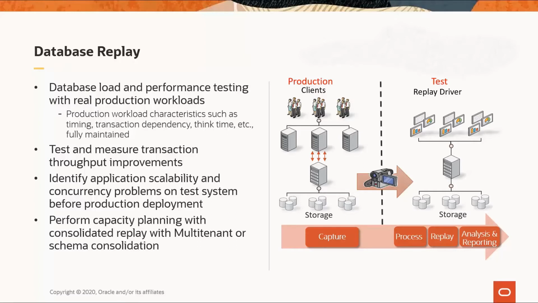We can identify application scalability and concurrency problems on this test system before we even deploy this in production. We can also perform capacity planning, and also we can execute consolidated replay with multi-tenant or schema consolidation scenarios.